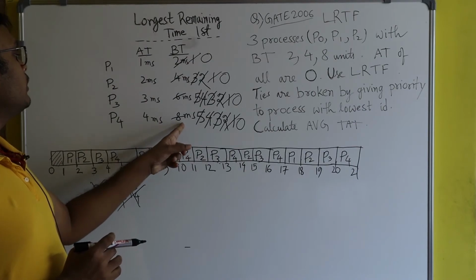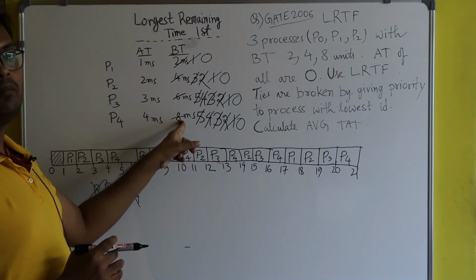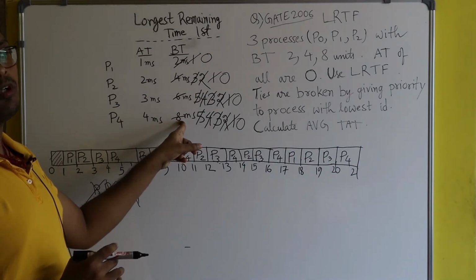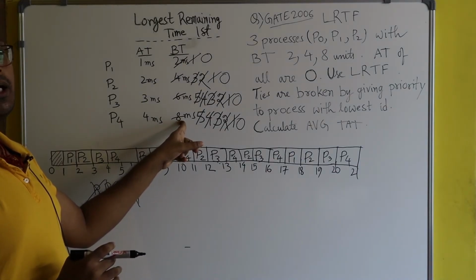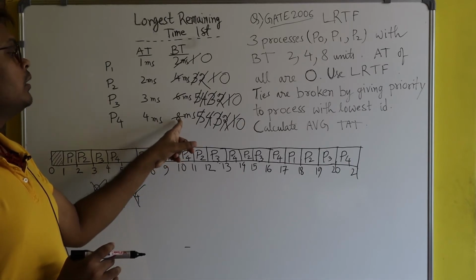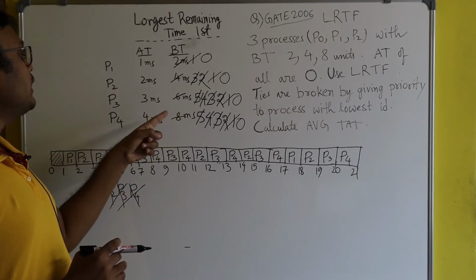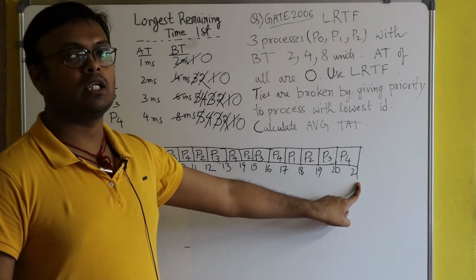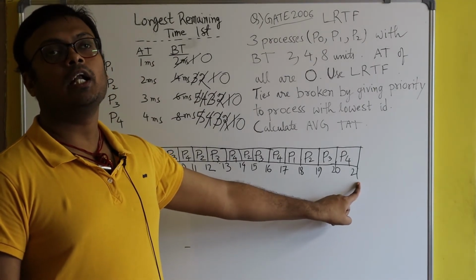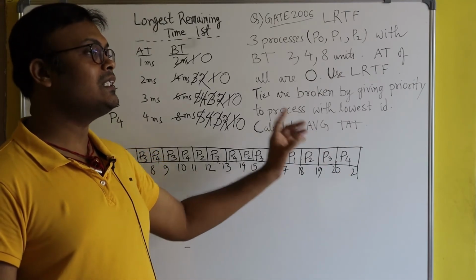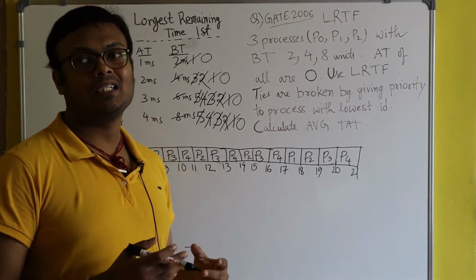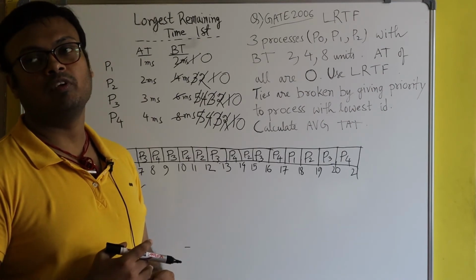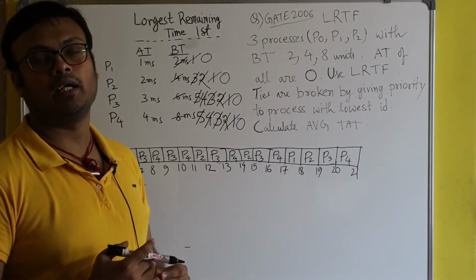process P4 has the largest burst time. It means process P4 was given the largest priority. But despite having the largest burst time, process P4 is finishing at the last. You might be expecting that since process P4 has the largest burst time, it will finish first. No, it's not like that.